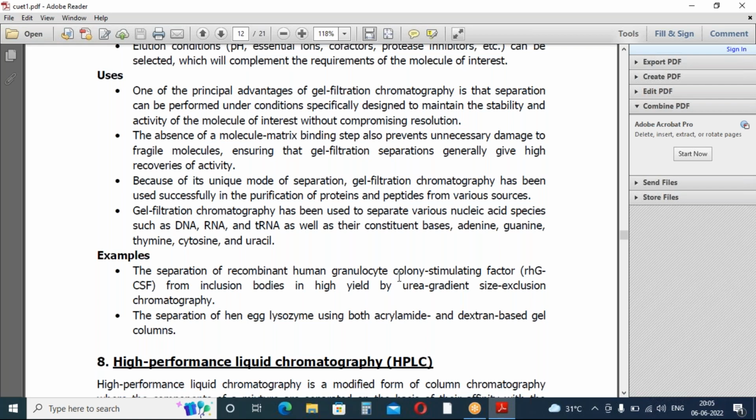Okay, and next is the separation of hen egg lysozyme, which is also separated by using acrylamide and dextran based gel columns. Okay, and this is gel filtration chromatography, the main principle involved in gel filtration.